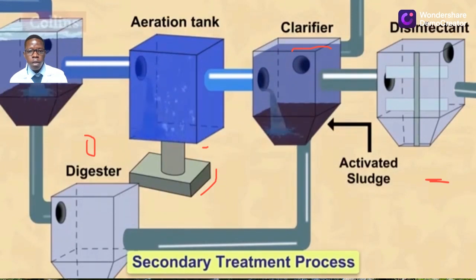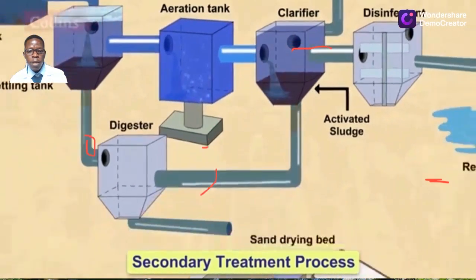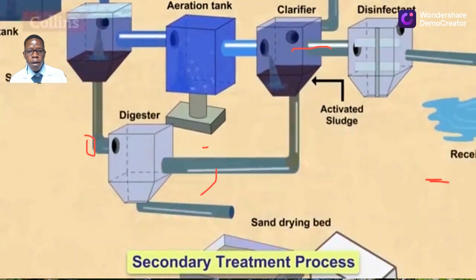So this activated sludge will be directed into the digester via this pipe, and the sludge from the primary clarifier will also be directed into the digester.